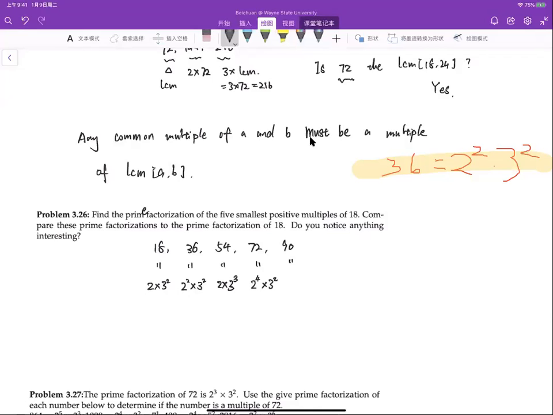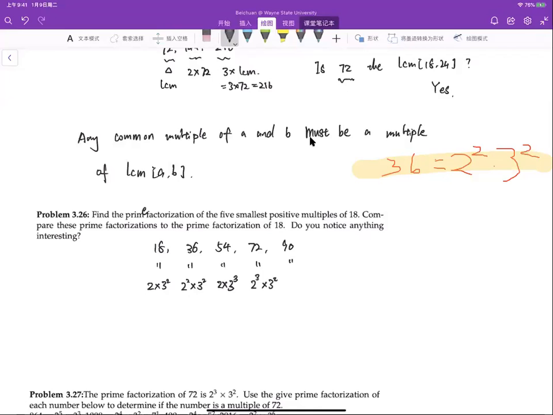Oh no, 2 cubed. Good. So that's 2 cubed. Great. So how about 90? Oh. So William, can you continue to do 90?